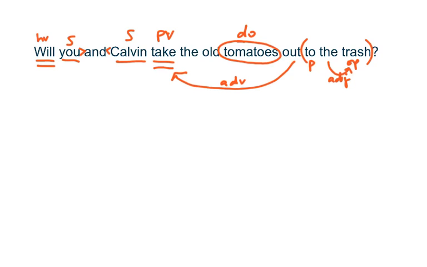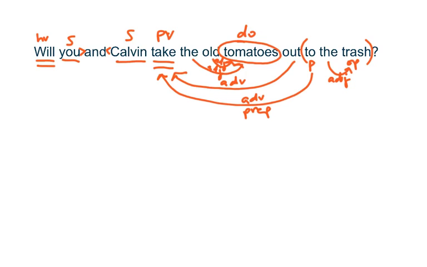The old tomatoes. Which kind of tomatoes? Adjective. You can barely see my adjectives, but they're there. To the trash. What does that prepositional phrase modify? Take. Where are we taking them? To the trash. We have an adverbial prepositional phrase.